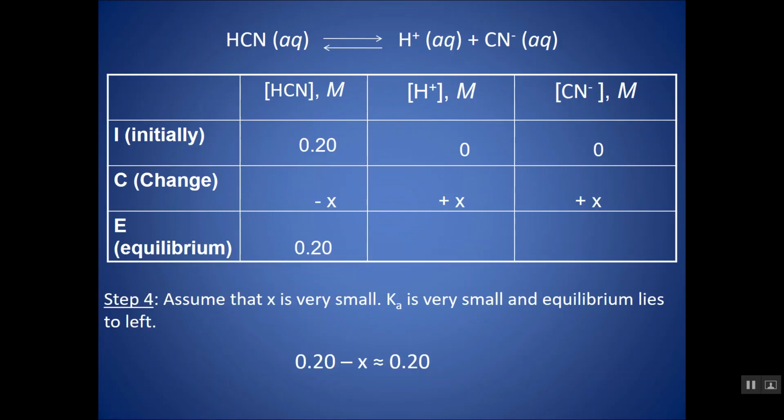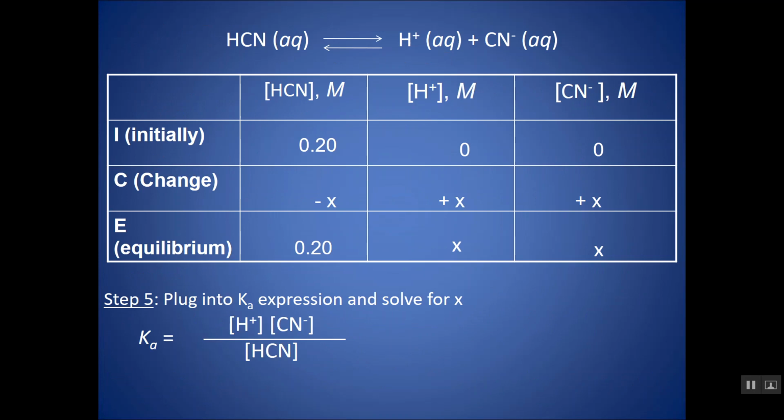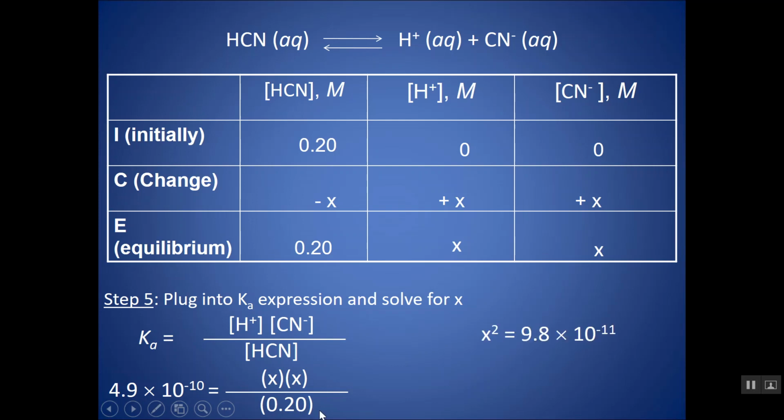So I'm going to make this just 0.2, make this x and x, and if I plug into Ka, I get 4.9 times 10 to the negative 10 equals x squared over 0.2. Hey, wait a minute. When I rearrange this and take the square root, you're going to end up seeing that is the shortcut that I just said to remember, right?